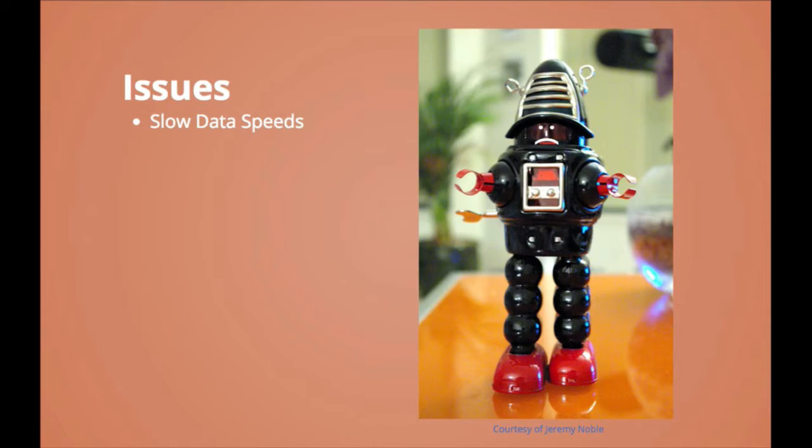Which brings me to the second point. Most people run with a data plan. So when you're doing that, not only are you making the website unintentionally slower, you're costing your audience real money. And that's just a bad thing to do.